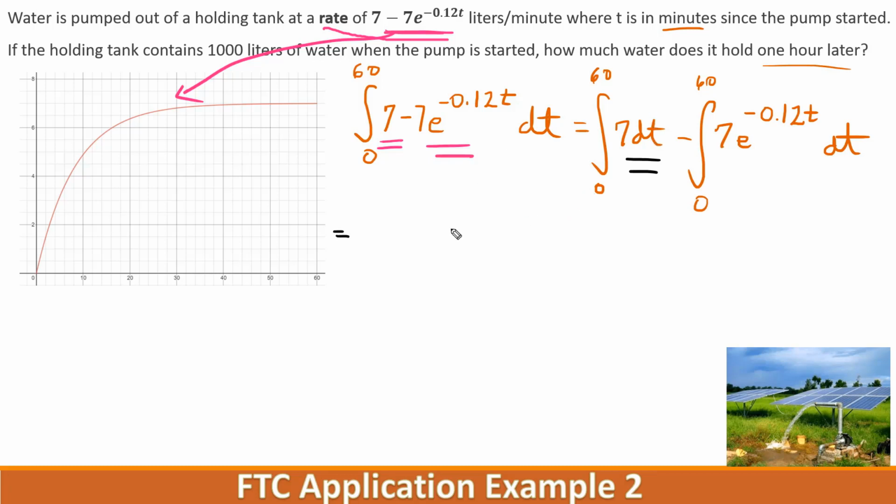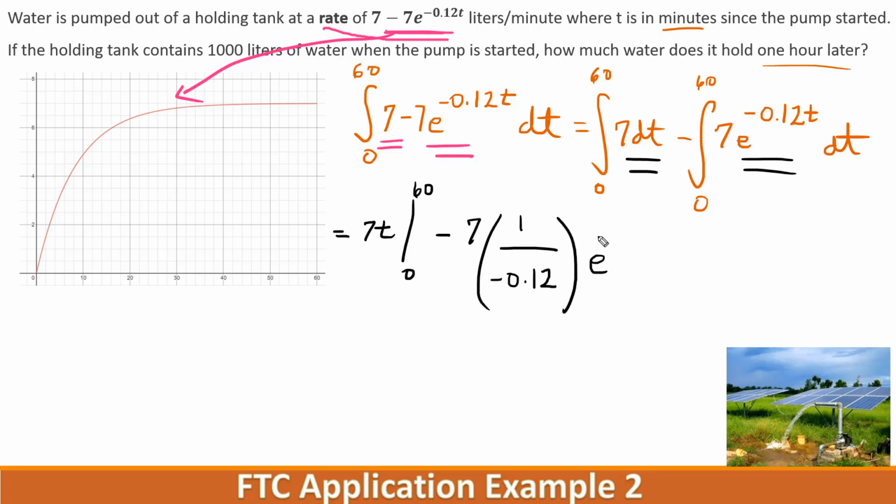The antiderivative of 7 is 7t, and so that's going to be from 0 to 60, minus, so this is that minus right there. I have a 7 out front, and this piece right here is that 1 over k, where k in this case is negative 0.12, and then the e part just simply stays the same, e to the negative 0.12t, and I'm evaluating that from 0 to 60.